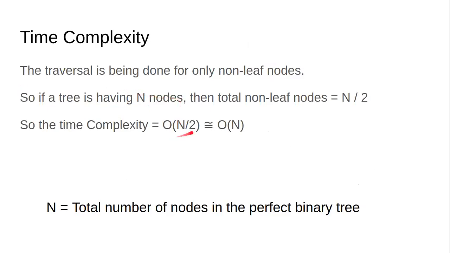In n by 2, the constant factor is 1 by 2, n into 1 by 2, so that 1 by 2 will be removed, because we are calculating for the worst case. But I guarantee you that for every perfect binary tree, the traversal will only be for n by 2 times. So the time complexity here is order of n, where n is the total number of nodes in the perfect binary tree.